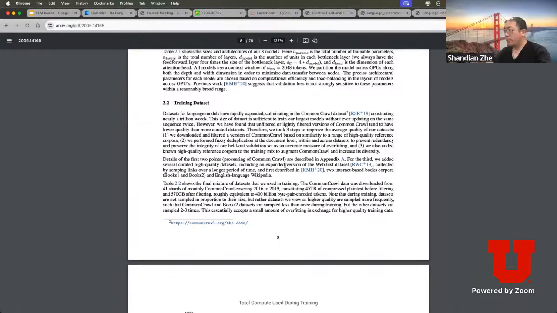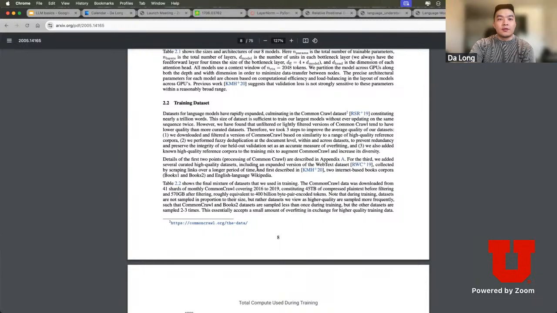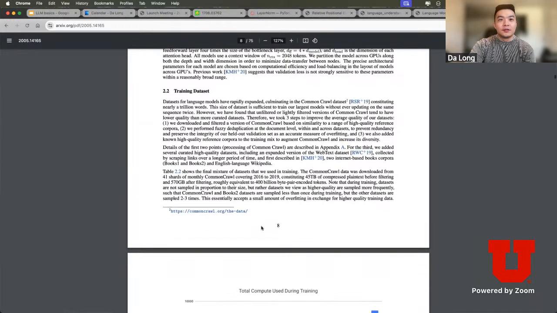Yeah, it looks like they have more data than GPT-2, right? But I think their idea is that they need to use high quality data sets. So this is different from Meta's Llama. Llama, no matter whether the text is good or bad, they don't filter, they just use all of the text.